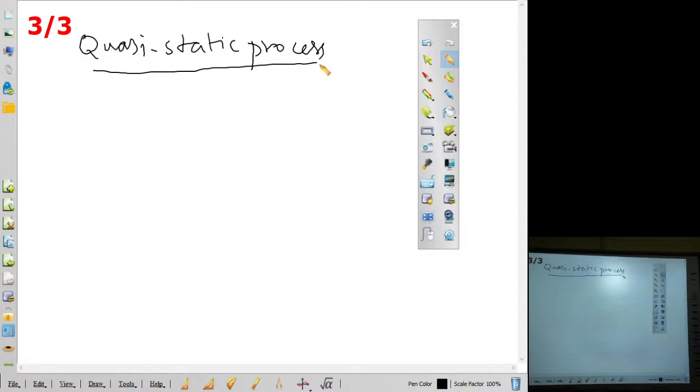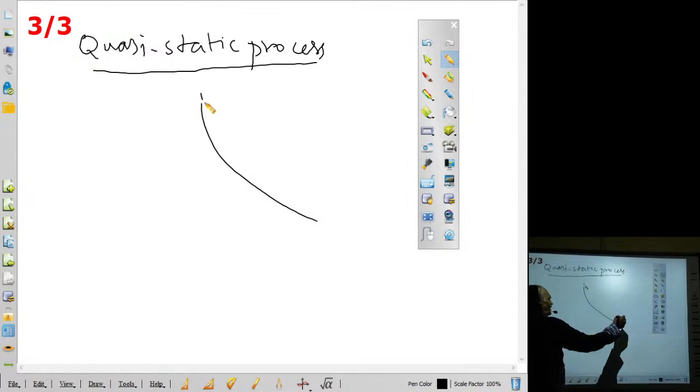Static means all at rest. So, quasi-static: gas partly at rest. Let us see a process. This is 1 and this is 2. So take some point in between. I will call it point A. Another point, I will call it point B.